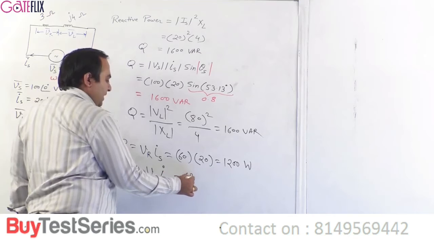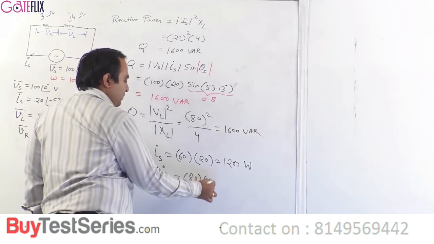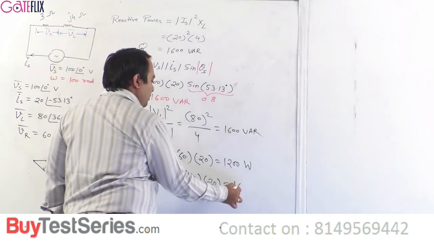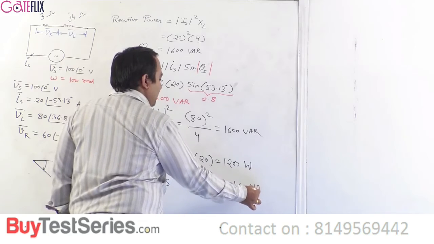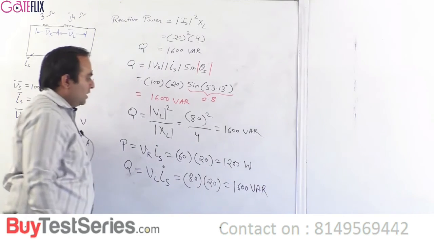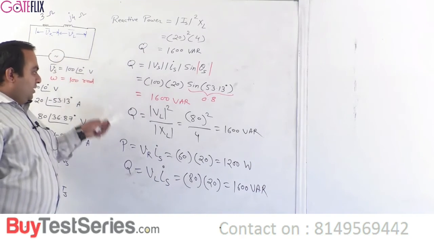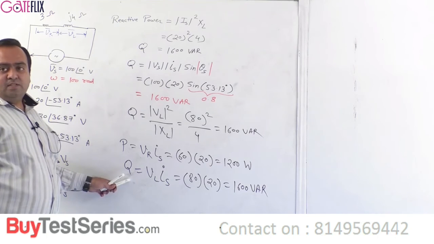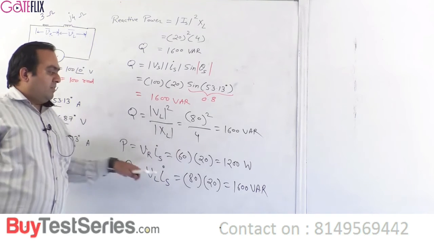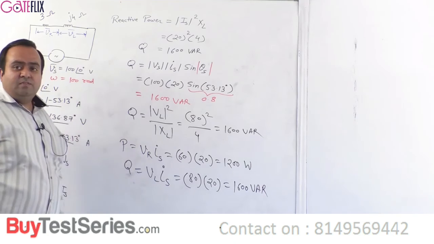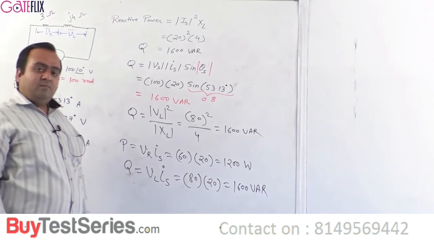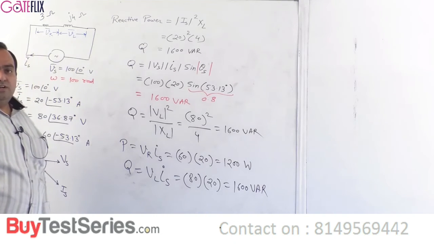So it is 80 into 20, which is equal to 1600 VAR. So there are four ways, 1, 2, 3 and 4, through which reactive power is calculated, and likewise four ways in which active power can be calculated whenever needed.